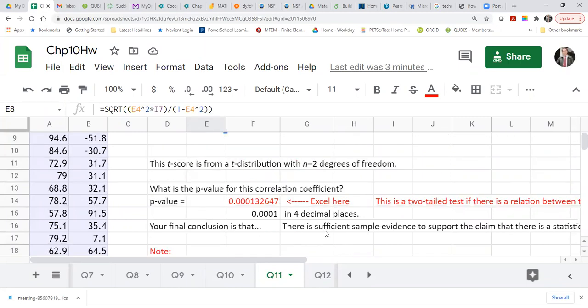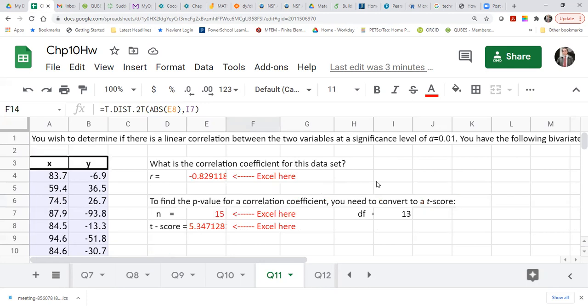And the p-value will be based on a two-tailed test, because we just need to find whether there is a correlation or not. That means R equal to 0 or not equal to 0, right?